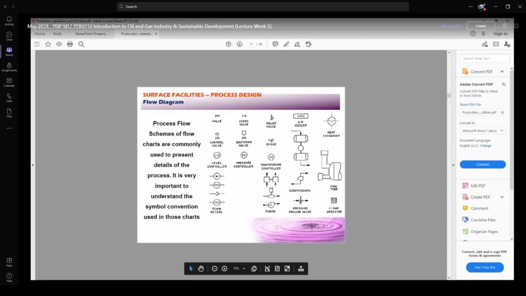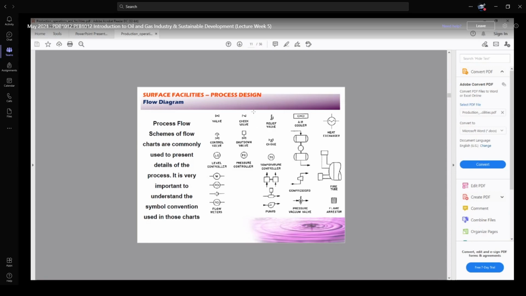Process flow schemes or process charts are commonly used to present the details of the process. It is important to understand the symbol convention used in those charts. For example, if we want to use a valve somewhere, we can represent it by using this symbol.